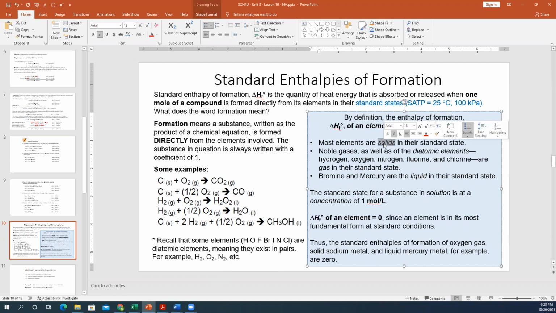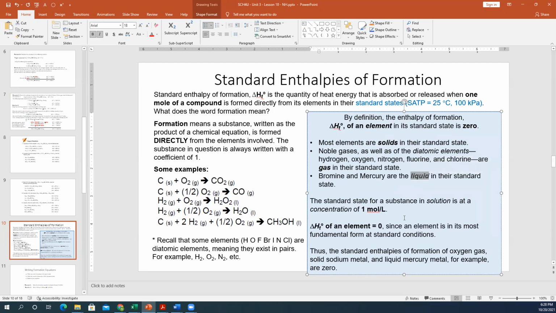So maybe I can highlight these so that we can pay attention to that. And the standard state for a substance in solution is at the concentration of 1 mole per liter. So if it's in solution, it's at 1 mole per liter.